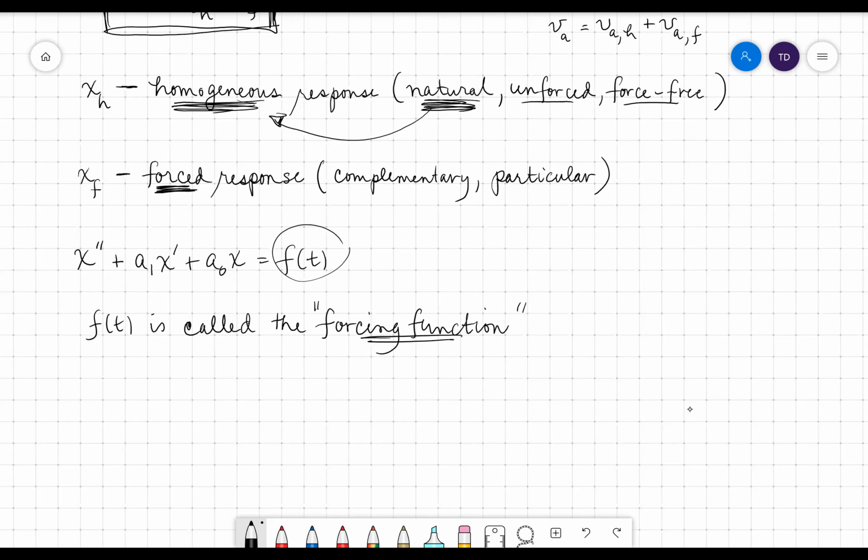Most people think the forcing function is the source that is in the circuit. All I'm going to say is the forcing function is a function of the independent sources. So f of t is going to be related to the independent sources that are in the circuit, but we don't know exactly what it's going to be.